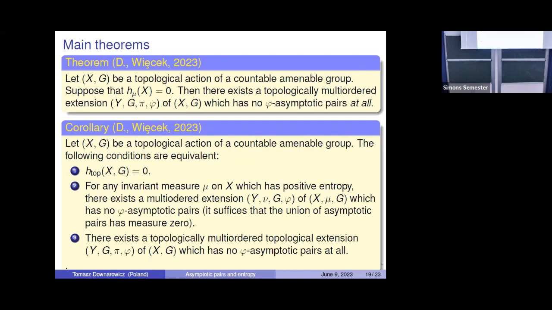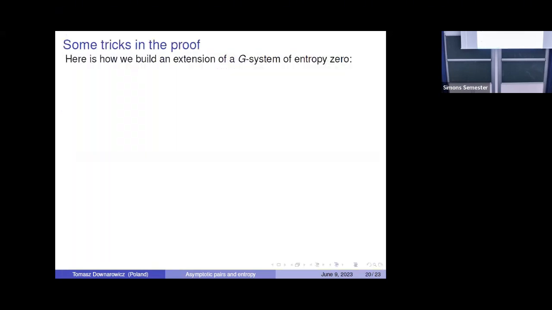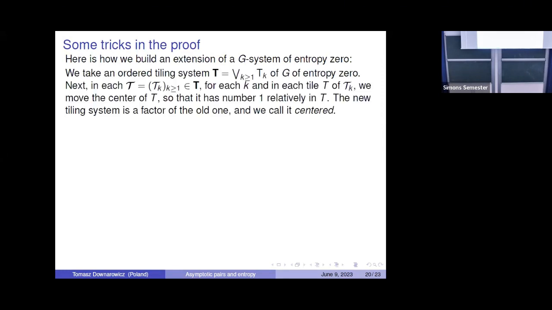I have still 5 minutes. So I prepared some presentation, a short one, on how we built such an extension, because this was the most technical and most demanding part of these proofs. Okay, so let me introduce you to 2 more types of topological multi-order.